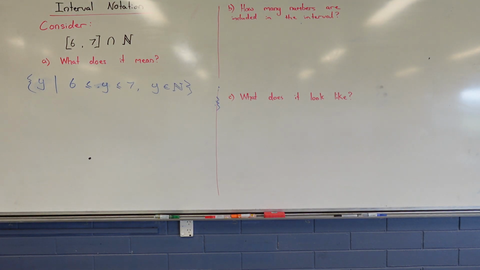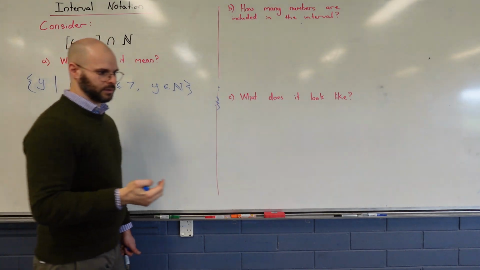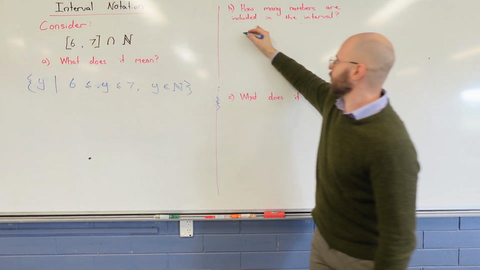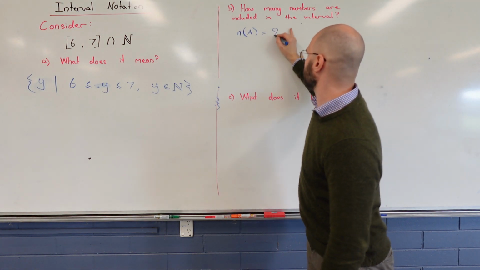Yep. Good, because I made a lot of mistakes this morning. Now the question is, how many numbers are there in this interval? 2, because they're the two natural numbers. So n of our set A is going to be 2.